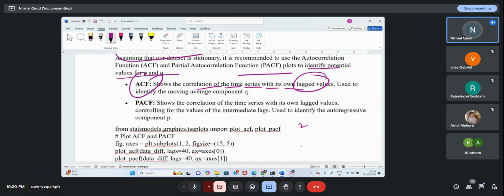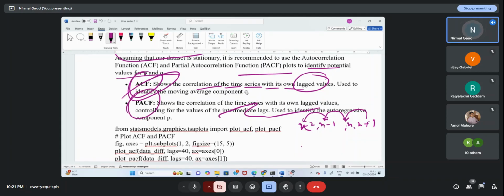If I say x minus 2, x minus 1, x and x plus 1, the lag value of x plus 1 is x, the lag value of x minus 1 is x minus 2, and for x it is x minus 1. These are the lags. Now it depends how many lags you are taking: 1 lag, 2 lag, 3 lag. So that is ACF, autocorrelation.